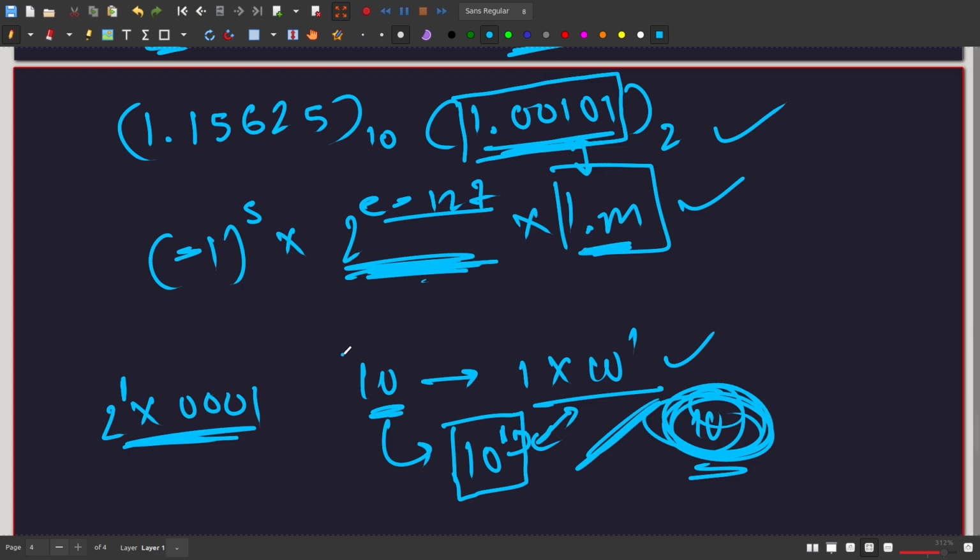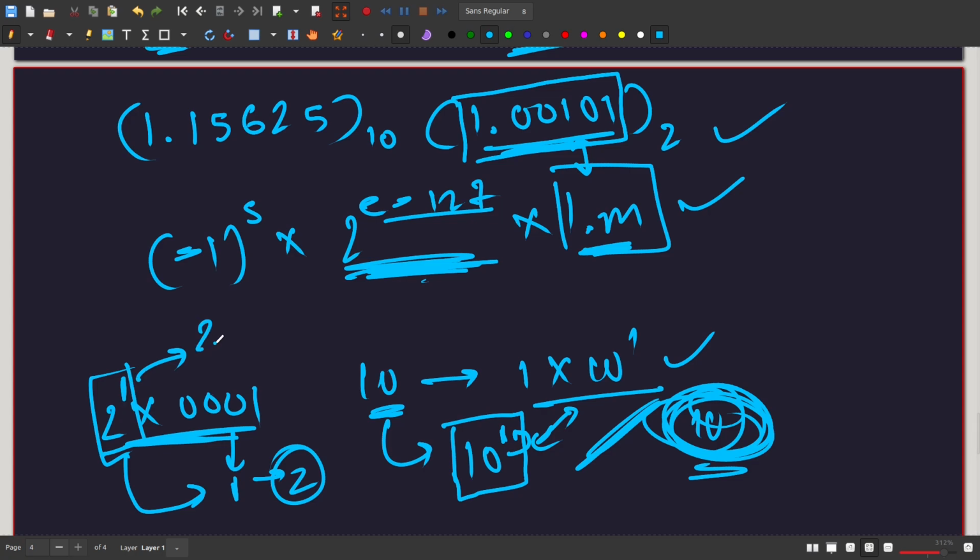Let's say this is the normalized form. It's supposed to write something like 0001, which is basically 1. I'm trying to represent 1, but because I have a 2 power 1 on the side, when I multiply it, it becomes a 2. That is stupidity, right? You don't actually want to double it. So that implies that the power of 2 actually has to be 0. A very simple point that I just wanted to be a bit more verbose about.